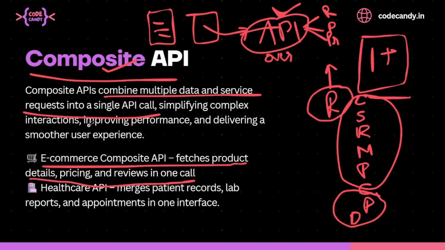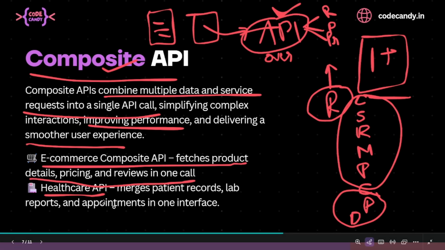See, here they have mentioned it will improve performance and deliver a smooth experience. Another example is the healthcare API. With this API, you get the patient record details, report details, and appointment details all at once.